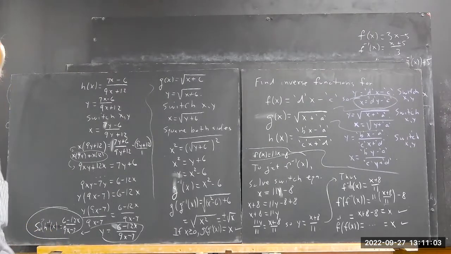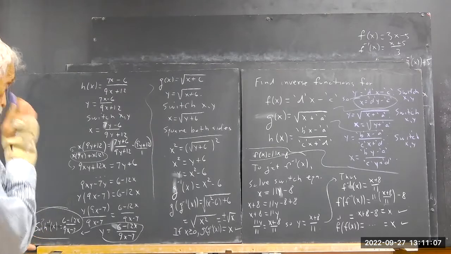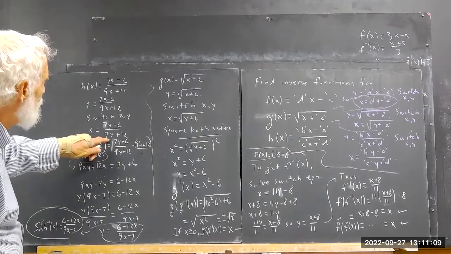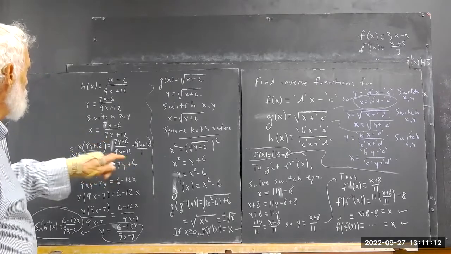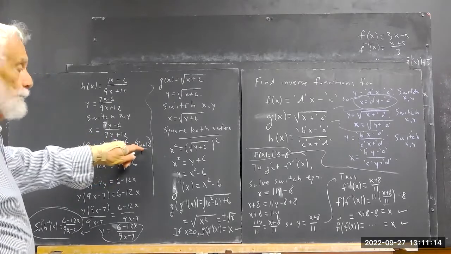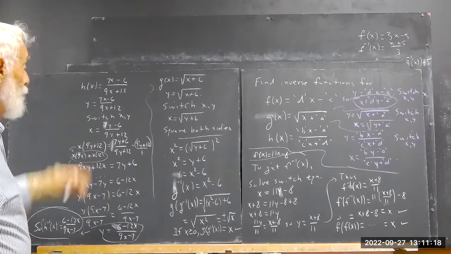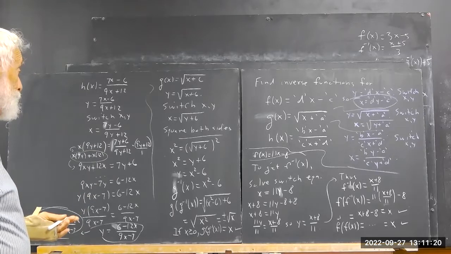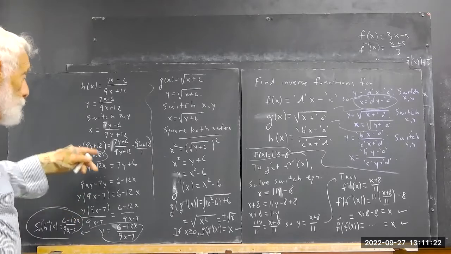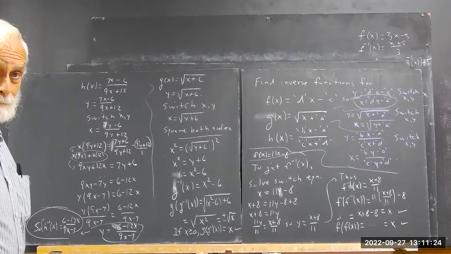And then you can check it. Now, a couple of other things. You can't multiply both sides by 9y plus 12 without changing the equation, unless you're sure that 9y plus 12 isn't equal to 0.